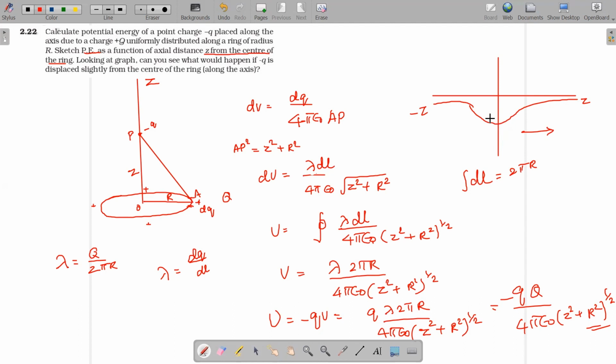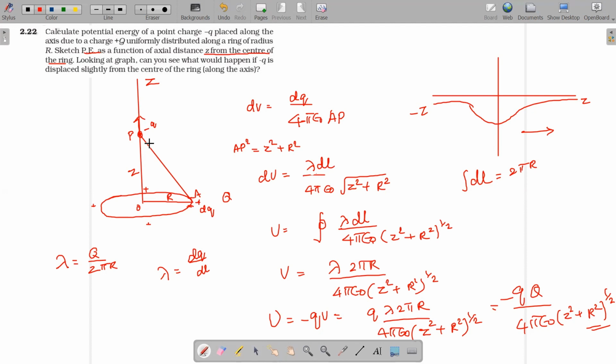And the most important thing is, here this is plus and this is minus, and we have found the potential energy. If you pull the charge away, it will be attracted back. So when you displace the charge, it tends to oscillate.